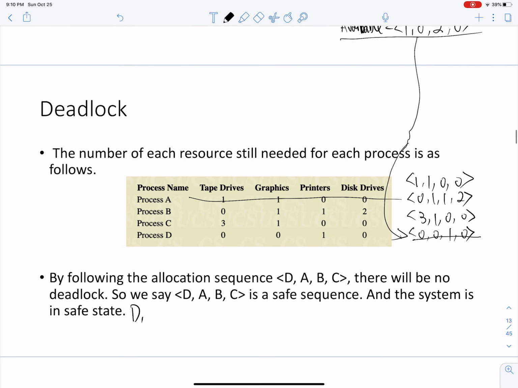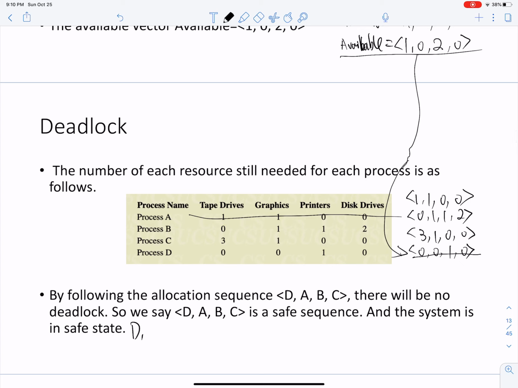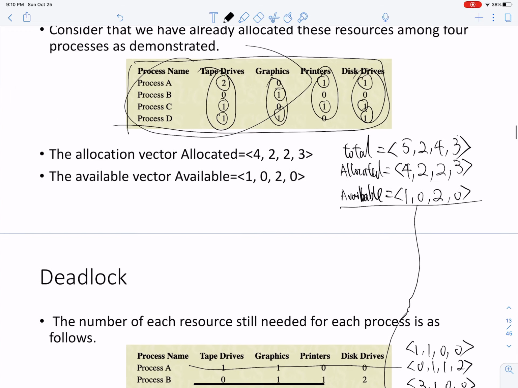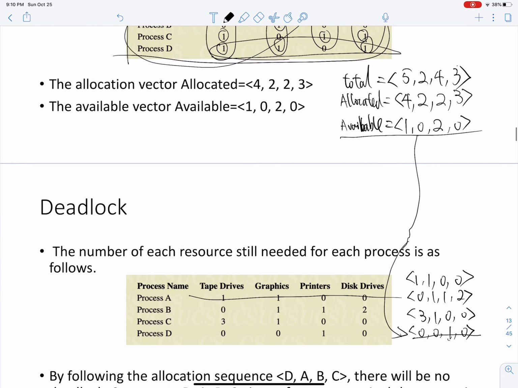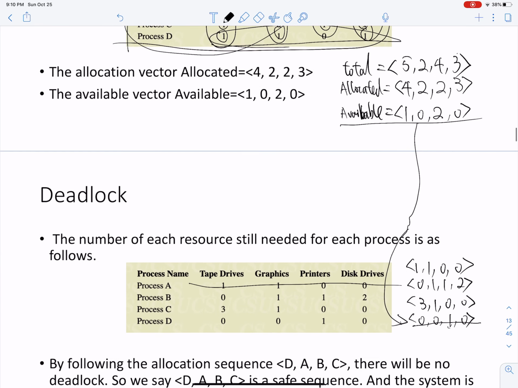We allocate the additional printer to process D and let it run. After process D finishes running, it is going to release the resources that it takes. So the available resources are going to be this available vector plus this vector, so it will be 2, 1, 2, 1.